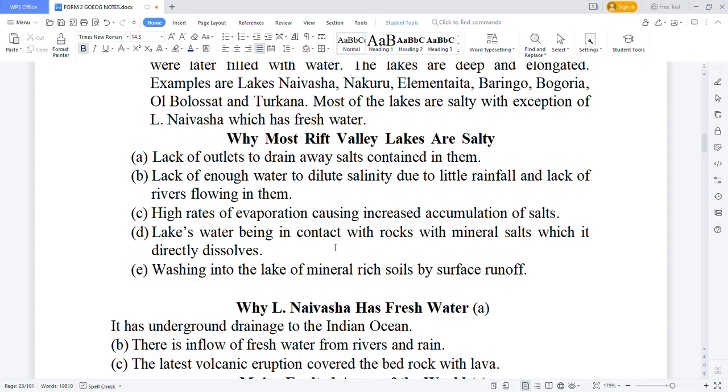So the presence of a rock lying on the ground makes those lakes salty. The last one, number 5, washing into the lake of mineral-rich soils by surface runoff.